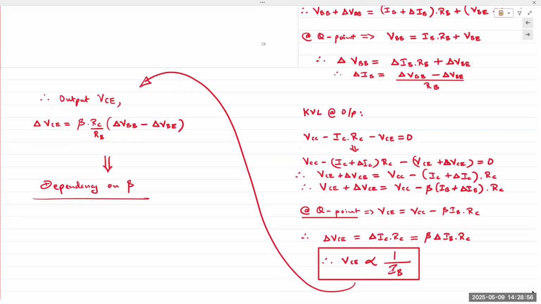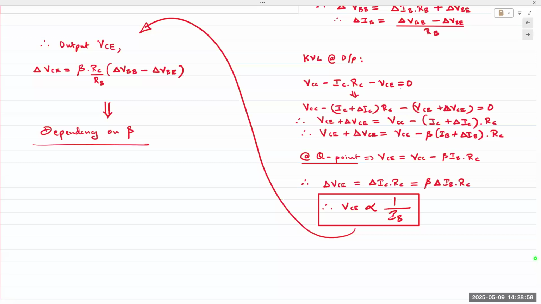All right. So then we rearrange the terms and we obtain the exact same expression for delta VCE. Delta VCE would be the change in IC, the output current, as a function of RC. And delta IC can be replaced as beta times delta IB.